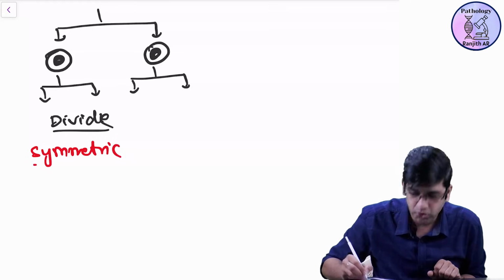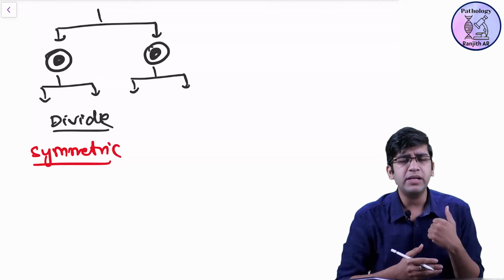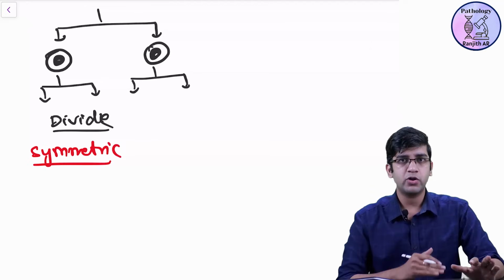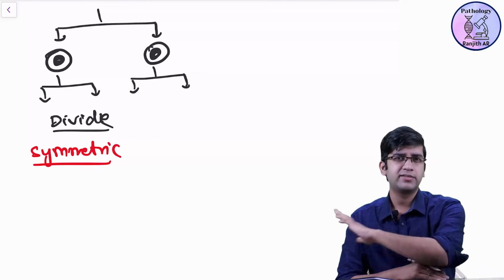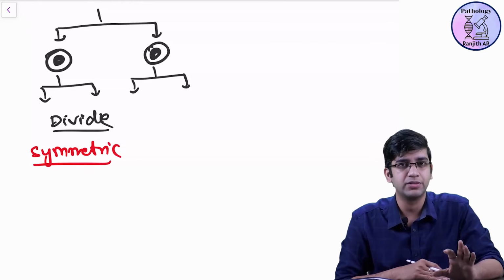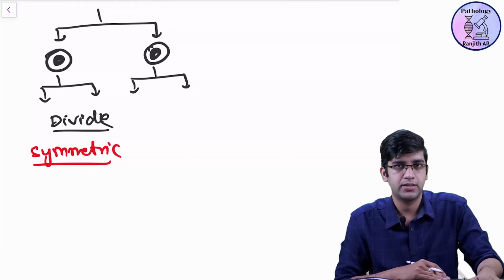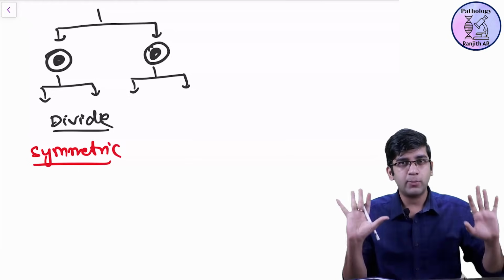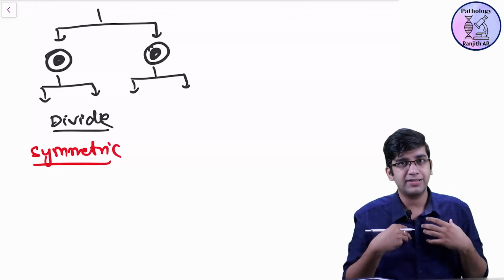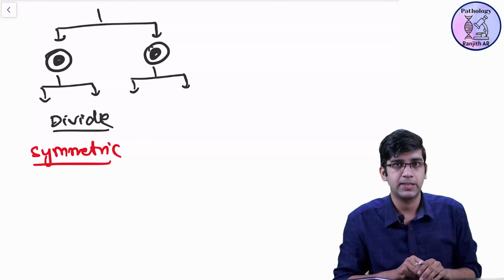I also have something called asymmetric division. What do I mean by that? Let's assume that from the early embryonic period, I have come to, let's say, 9 weeks. These numbers are just examples. At 9 weeks of gestation, I have got a good amount of fetal mass. In the thoracic cavity, I'm having stem cells.